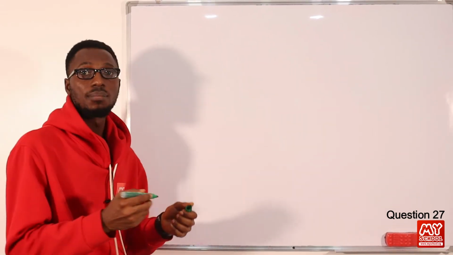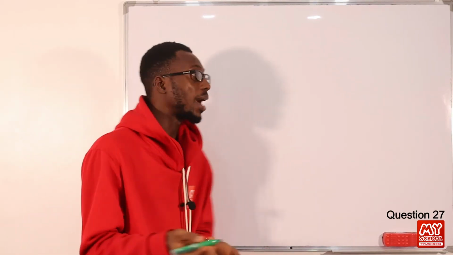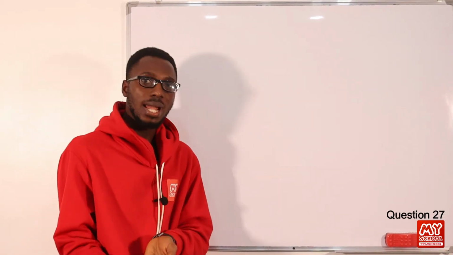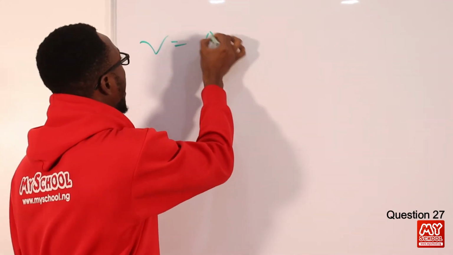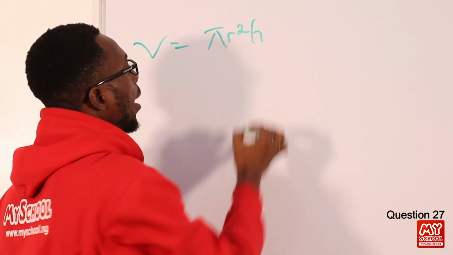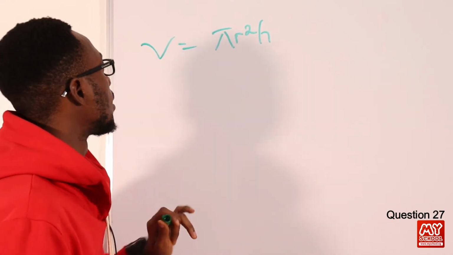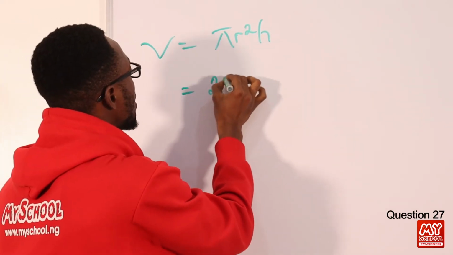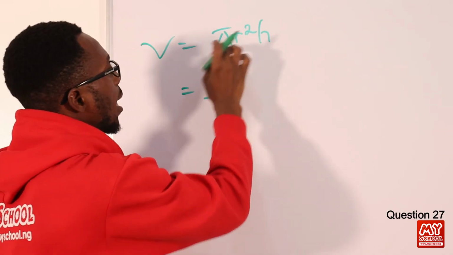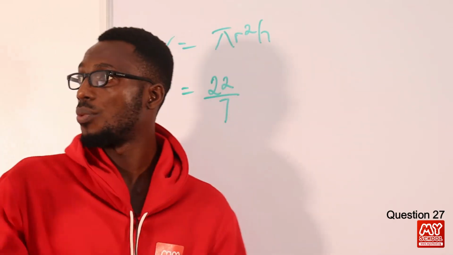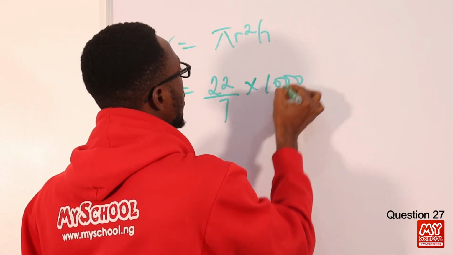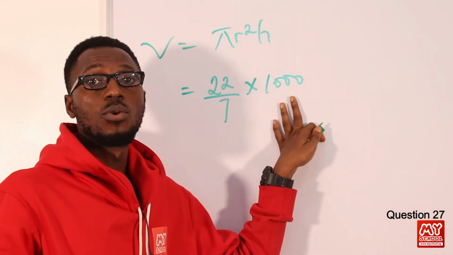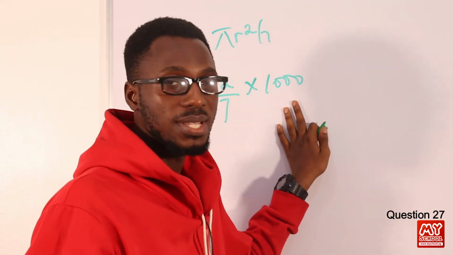So we recall that the volume of a cylinder is base area times height, or you can just say pi r square h. Okay, this is height. Then we are given pi as 22/7. Then the radius that we have right here, we are told radius is 1 meter. 1 meter is the same thing as 100 centimeters, isn't it?